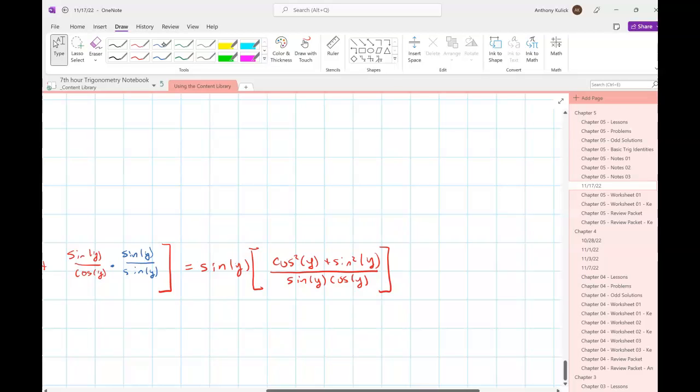Everybody feel good with that? Okay, what can I do here? Look at the numerator. Yeah, what's sine squared plus cosine squared? 1. What can I do with that fraction now? I can reduce.